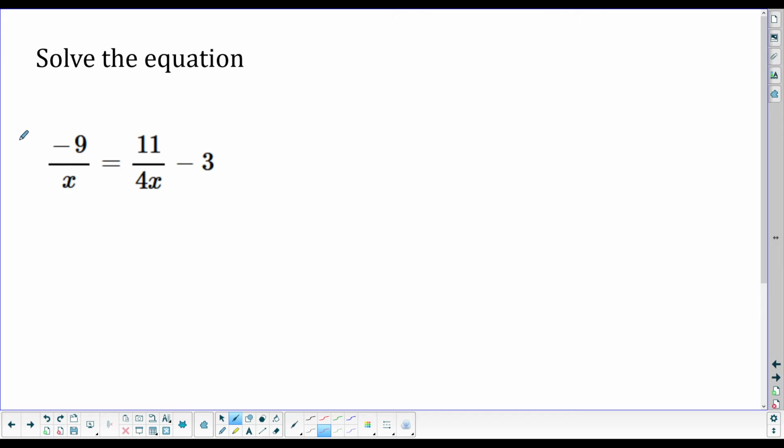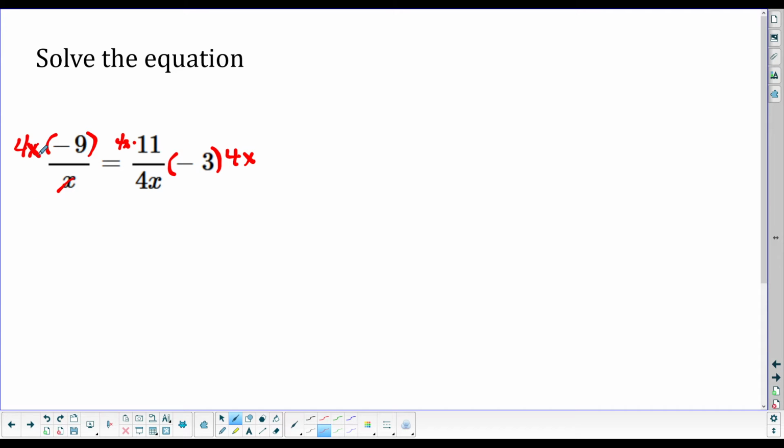So do the same thing. I'm just going to multiply each one of these times 4x. And just to make this clear, it's not 4x minus 9, it's 4x times negative 9. And then this is 4x times 11 and 4x times negative 3. So just keep in mind that we're multiplying that negative 3 times 4x. So when I go through here, these x's will cancel out.